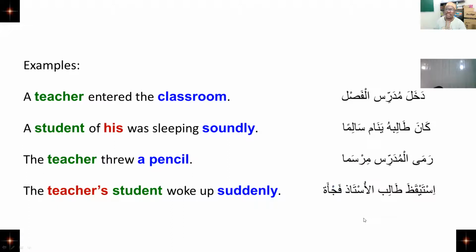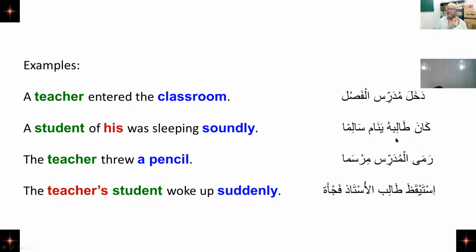Finally, for this segment, let's look at this statement, and then we will close this first segment for a short break. Now look at this Arabic statement. Dakhala mudarris, and I intentionally didn't put any haraka here. Al-fasl, and I intentionally also didn't put any haraka here. Okay? I'm sure a lot of you know what this means, right?